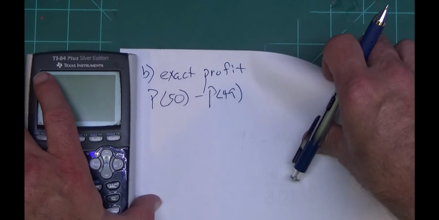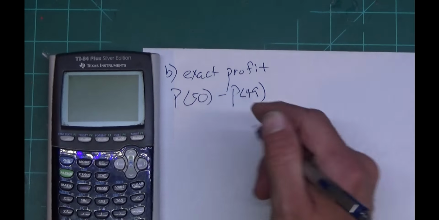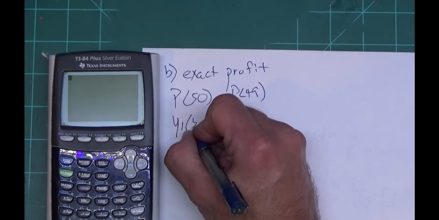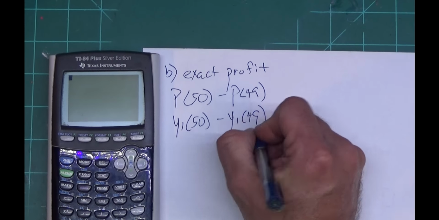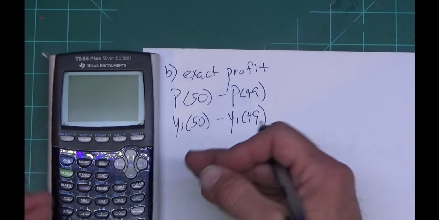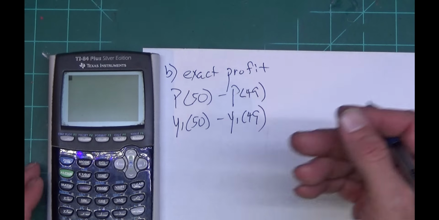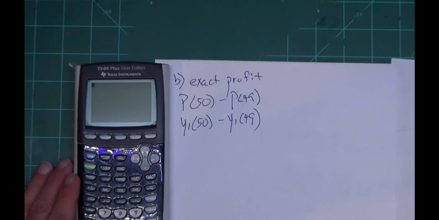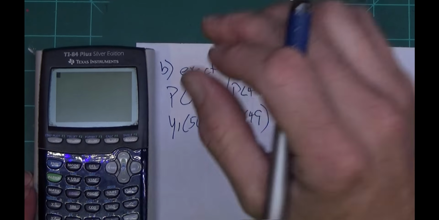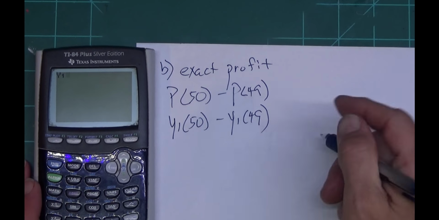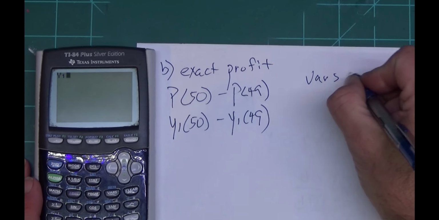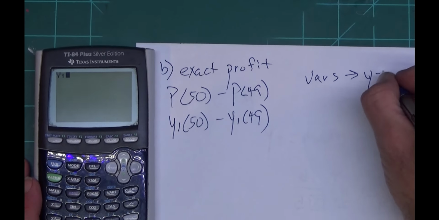So on my calculator screen, I have profit in Y1. I'm going to do Y1 of 50 minus Y1 of 49. And again, you're going to do the same thing on both calculators. It's going to look exactly the same, so I'm not going to worry about showing you the new 84 here. I'll press vars over to Y vars, press enter twice.